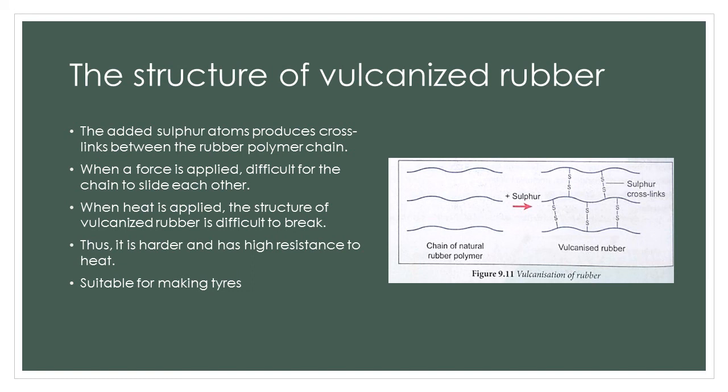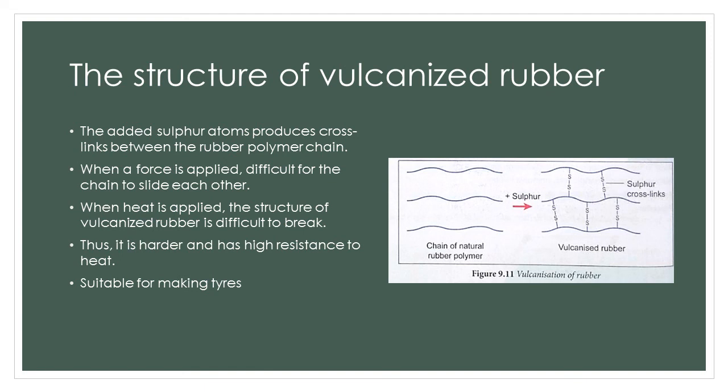So look at the diagram. The first diagram, chain of the natural rubber. There is no link between the polymer chains, right? And it's very easy to slide past each other. It seems like the alloy just now. So when this chain of natural rubber is added sulfur, you can see the sulfur will form cross-links between the polymer chains.